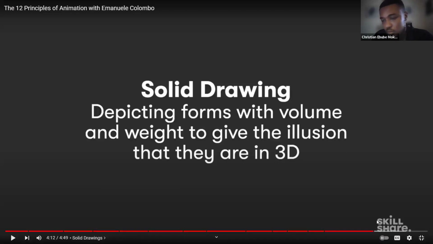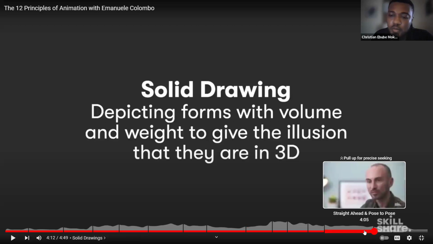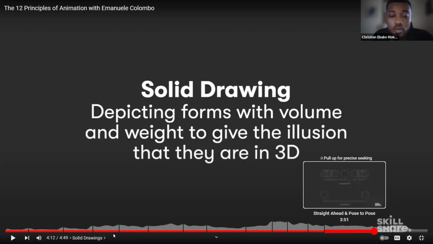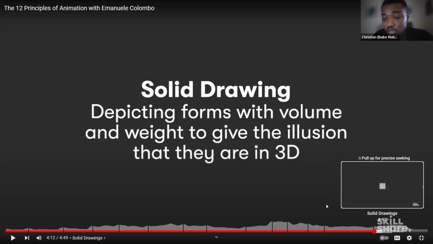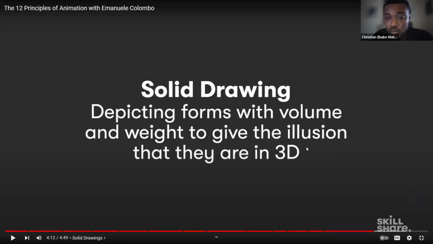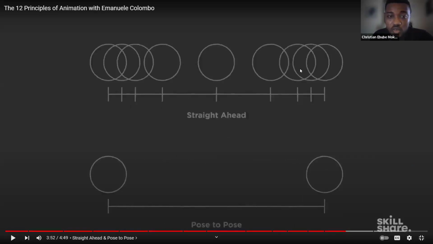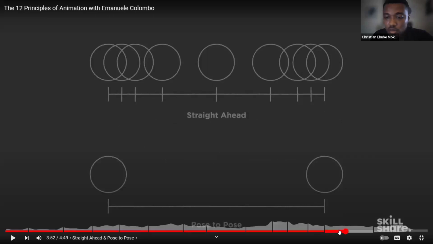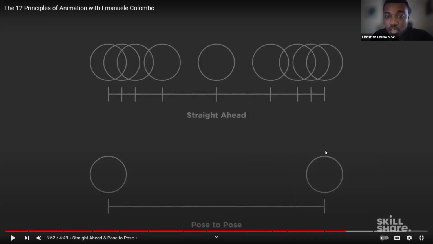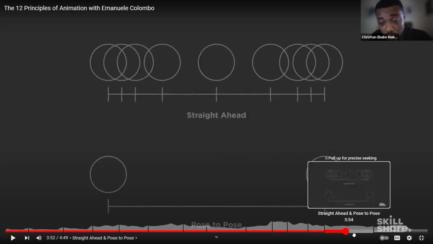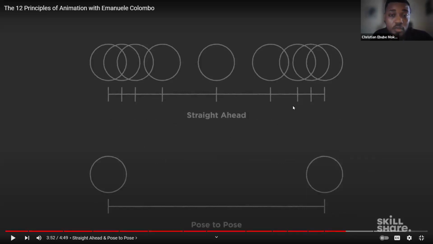Okay, solid. Now, these 12 principles that are being talked about here are also used in 2D animation. What you see here is mostly used in 2D animation, but it can be used in motion graphics because there are people who do frame-by-frame motion graphics, right?